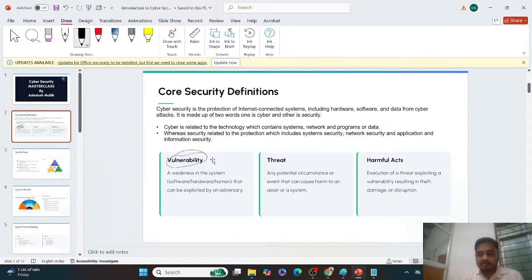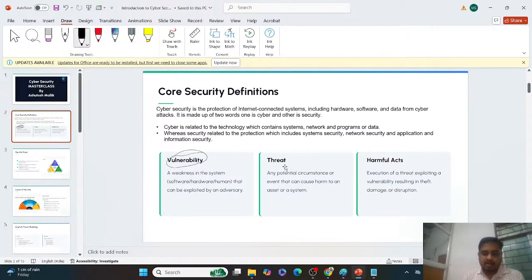We can also call it a human error. If you have not set a password for your system or mobile, your system can be compromised.